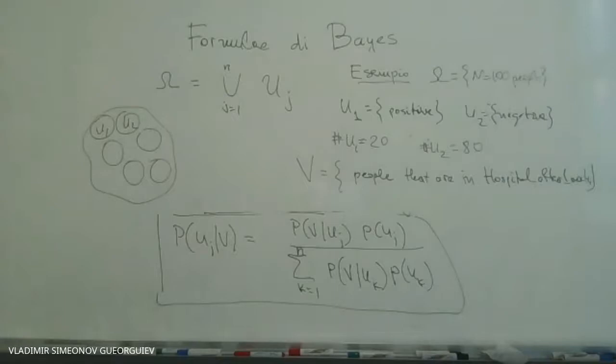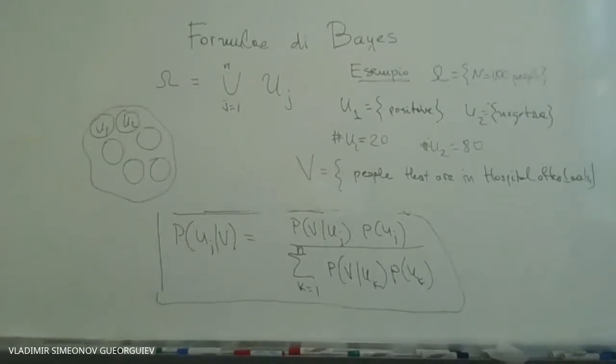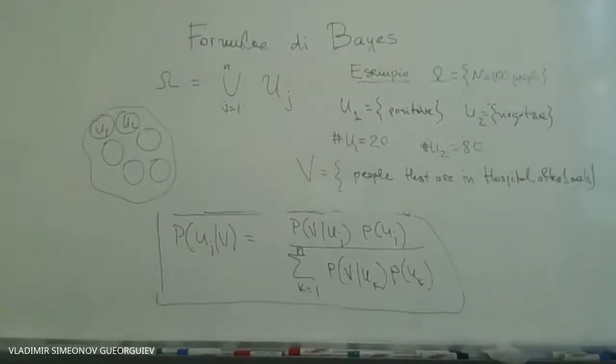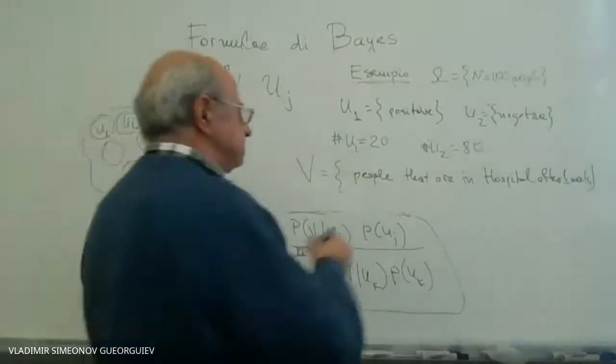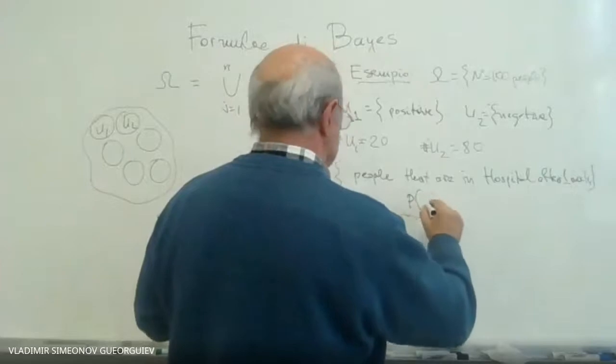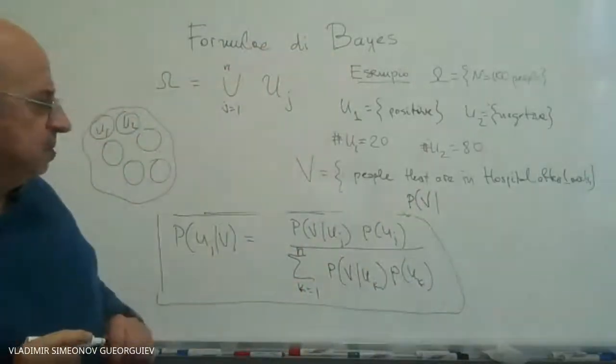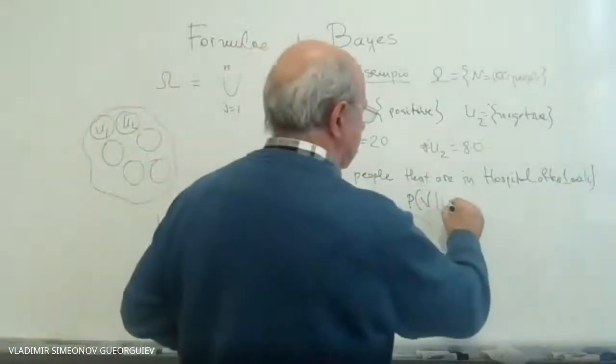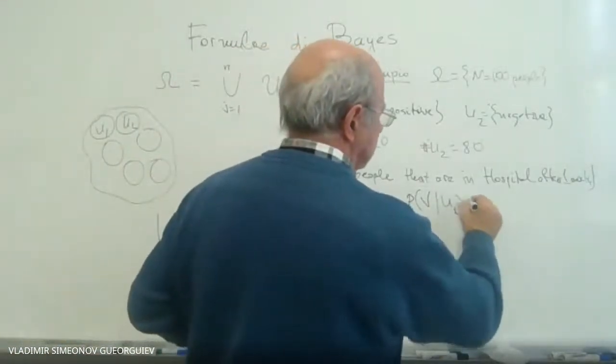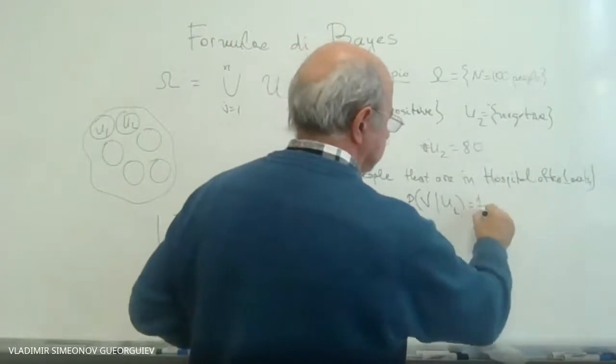So the question is to, so what we know is the following. The probability a guy is in the hospital when he is already positive, let us say, is 1/2.